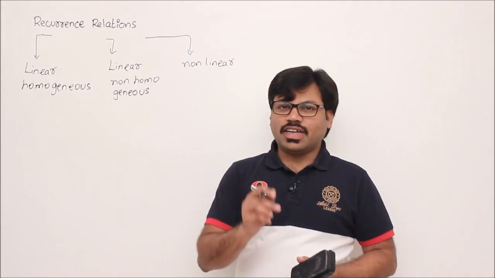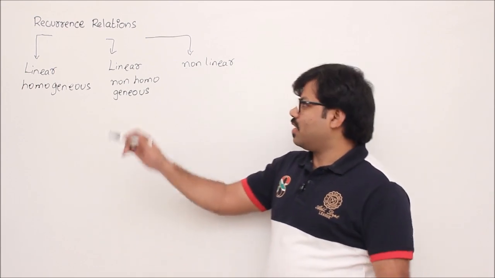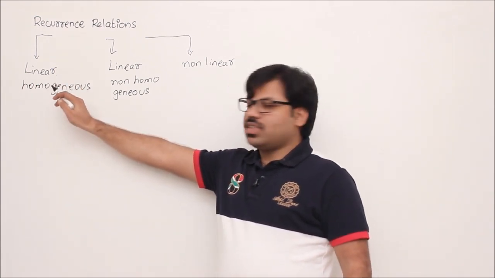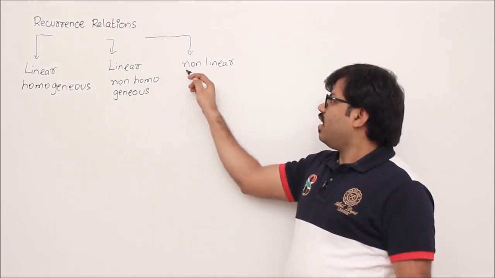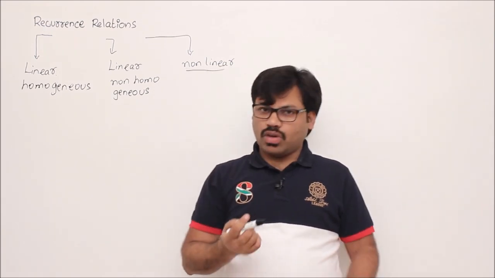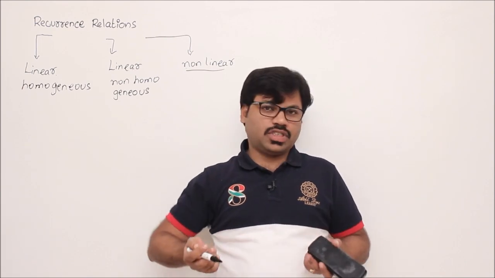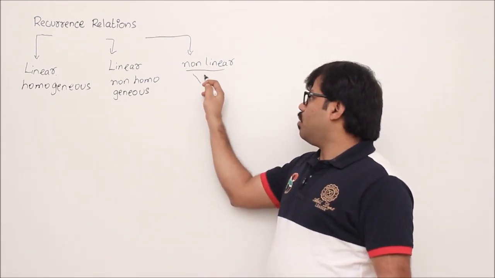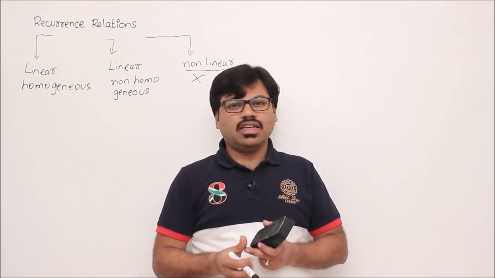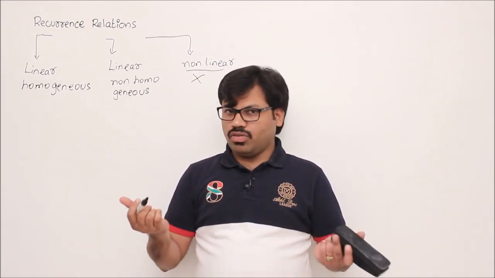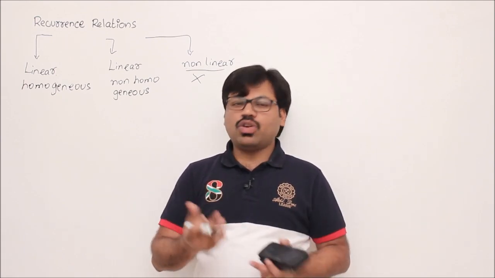Recurrence relations can be classified into three parts: linear homogeneous, linear non-homogeneous, and non-linear. Non-linear recurrence relations are very difficult to understand. They don't have solutions, so we don't bother about them. If you get a non-linear recurrence relation, it is very difficult to find its value.